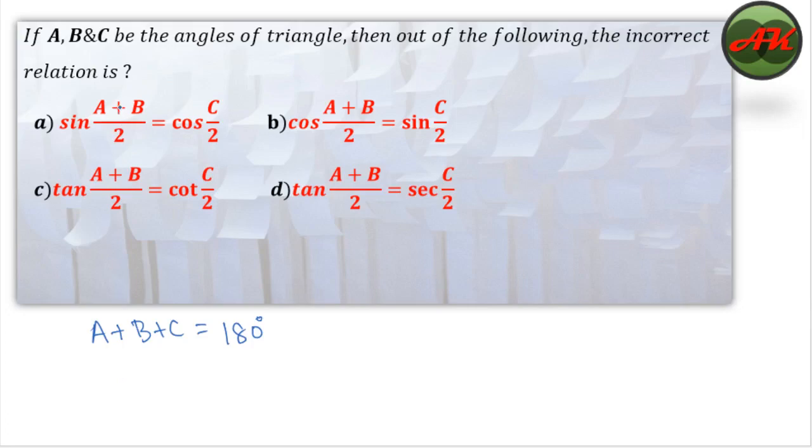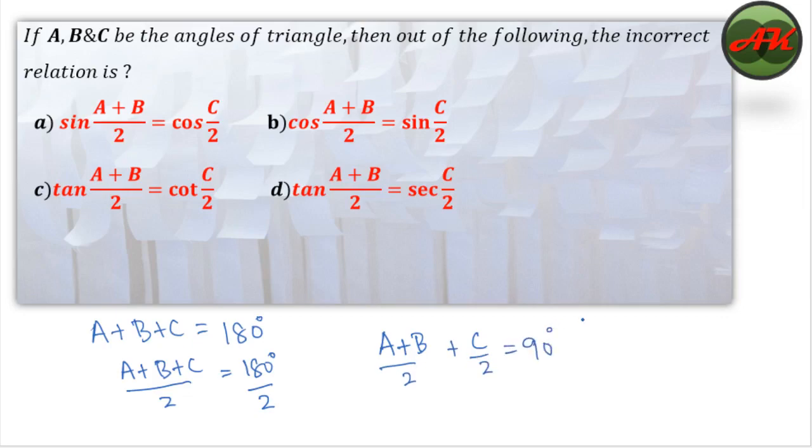So to make it into the given option format, let me write A plus B plus C divided by 2 is equal to 180 divided by 2. Now I am just dividing these terms by 2. So from this I can write A plus B divided by 2 plus C by 2 is equal to 90 degree. Now it came to the given format in the option.